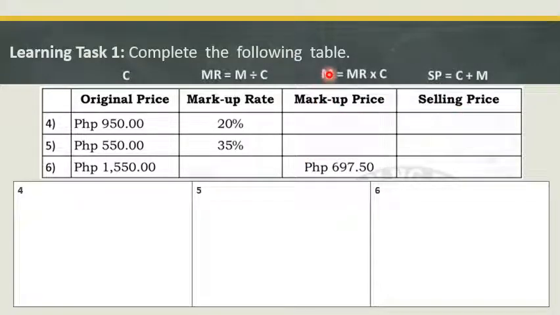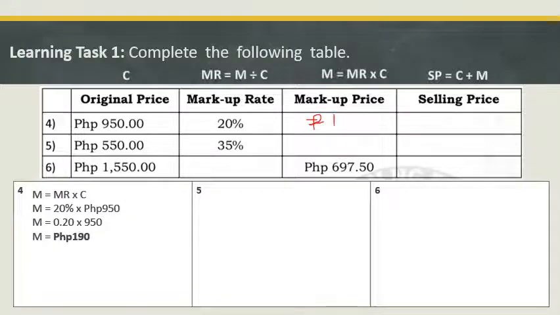So, yung markup, imumultiply nyo lang yung MR, yung rate natin, sa cost, yung original price. So, ang MR natin is 20%. Ang ating C is 950. So, yung 20%, convert lang natin sa decimal, magiging 0.20, and times natin sa 950, makuha natin 190 pesos.